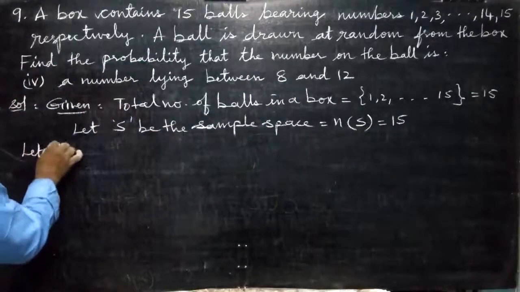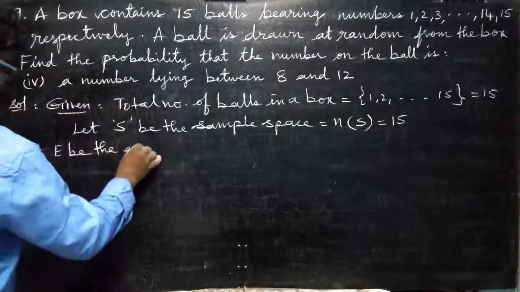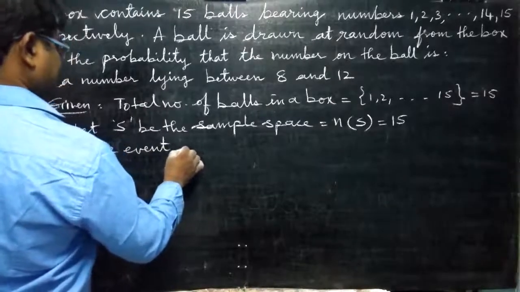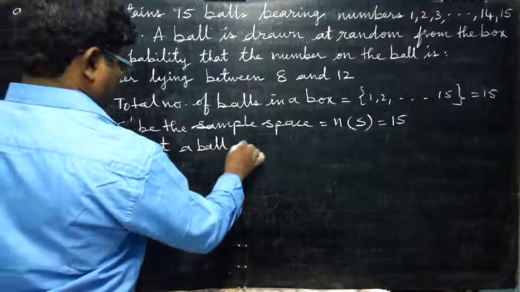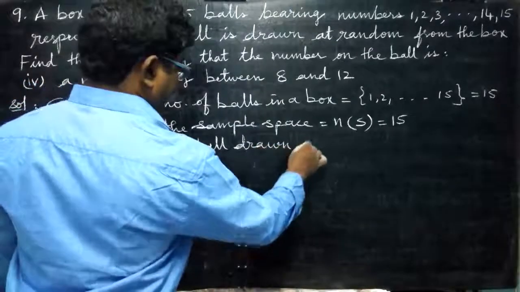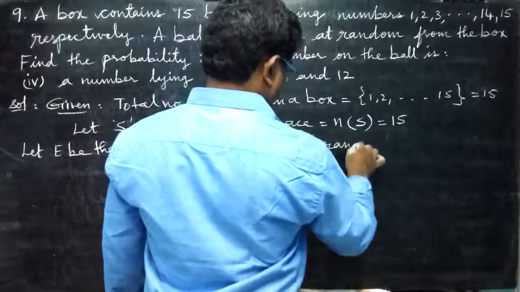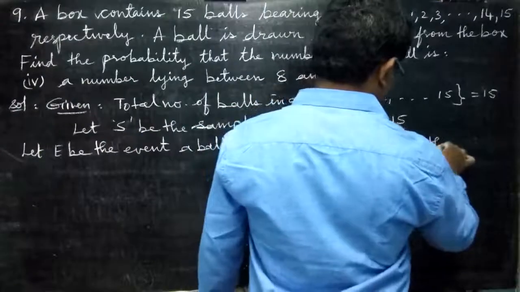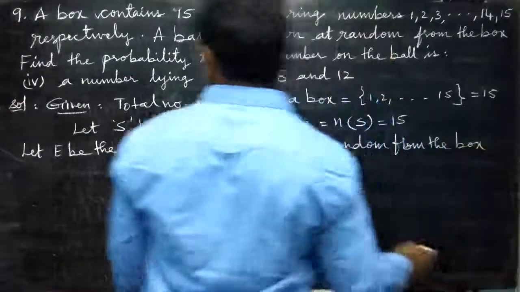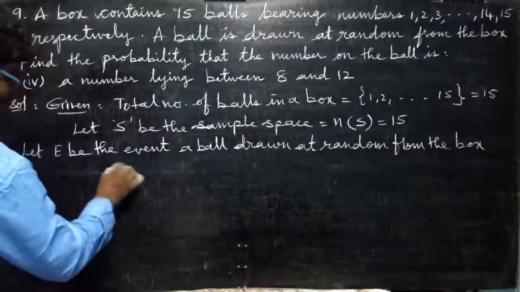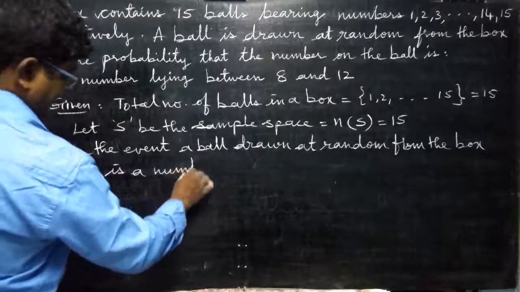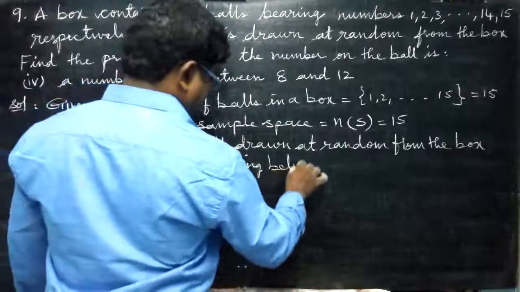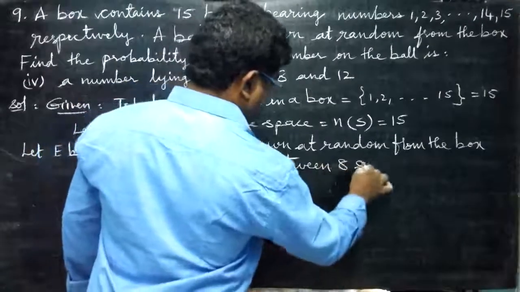Let E be the event. What is that event? A ball drawn at random from the box is a number lying between 8 and 12.